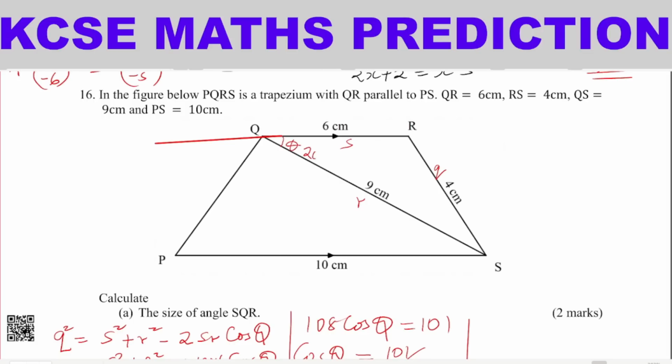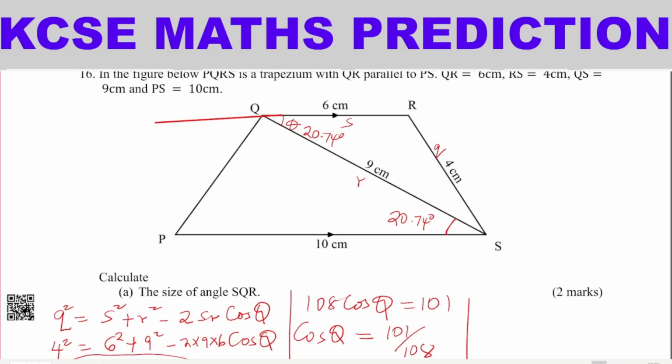So if this angle is 20.74 degrees, also this one is alternate, so it will be 20.74 degrees. The reason, you have QR being parallel to PS, and therefore QS is a transversal.